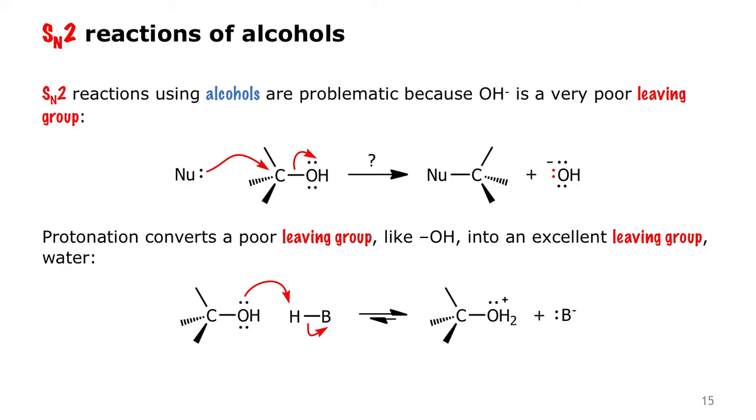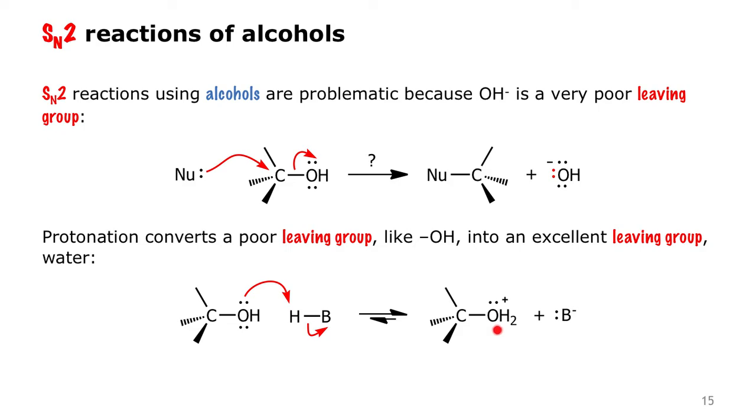The other reason is the medium in which you carry out the reaction. Normally, SN2 reaction media are somewhat basic because the nucleophiles are usually anions, and so they can be slightly basic salts. On the other hand, if you could carry out the reaction under conditions where you could protonate the hydroxyl group, you can convert the alcohol into its conjugate acid, where we have an oxonium ion attached, and that is essentially a water molecule.